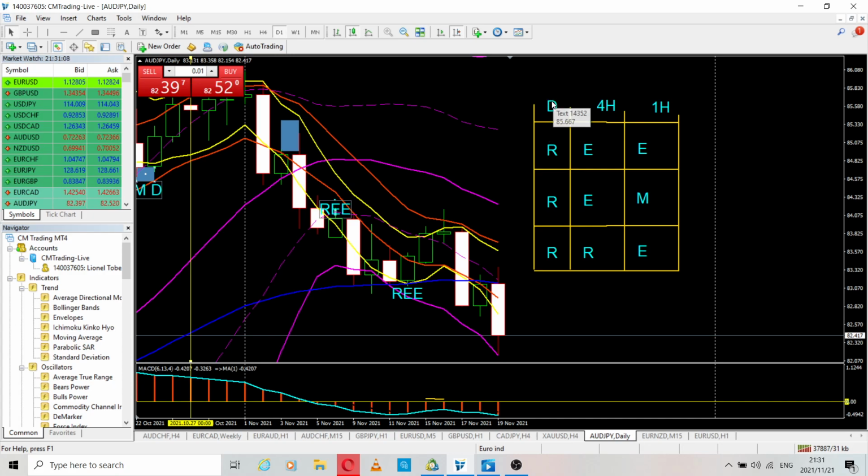You'll have your day. If your re-entry is happening on a daily time frame, maybe you will have a re-entry every time.